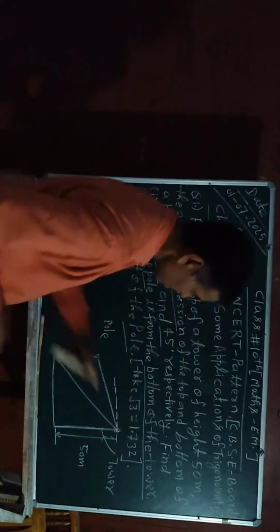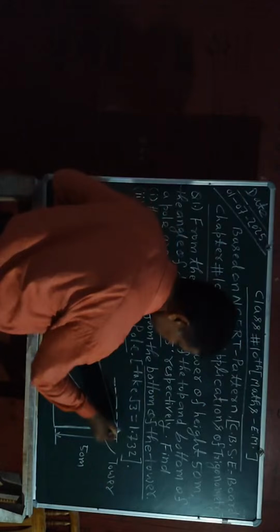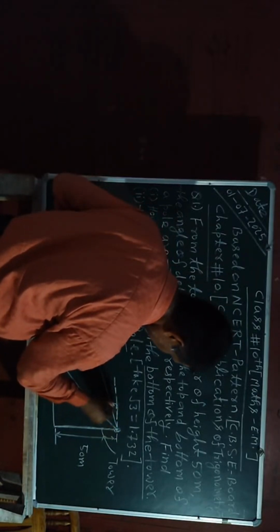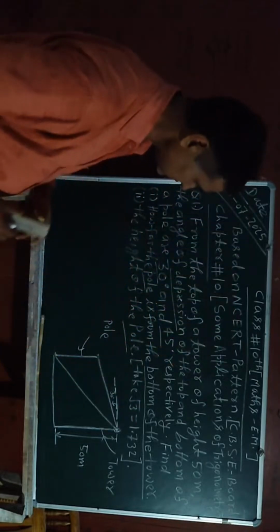So this is the observer who is sitting here. From this point, the observer is looking at the top of the pole, so the angle of depression he is getting is 30 degrees. Now here 30 degrees is given.